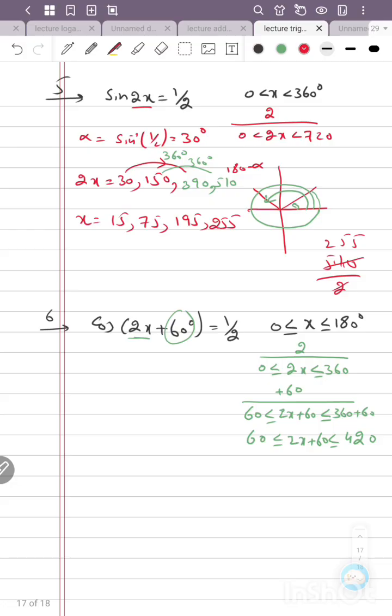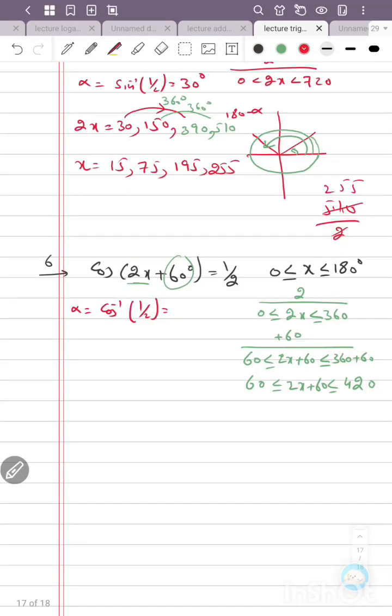Now move forward. Here is alpha. Alpha is cos inverse 1 by 2. Cos inverse 1 by 2, we get the answer 60 degree.